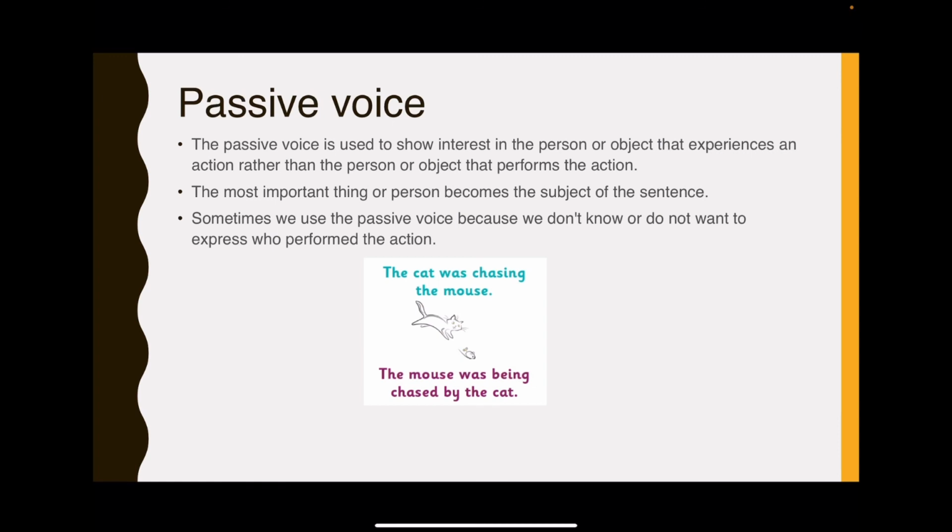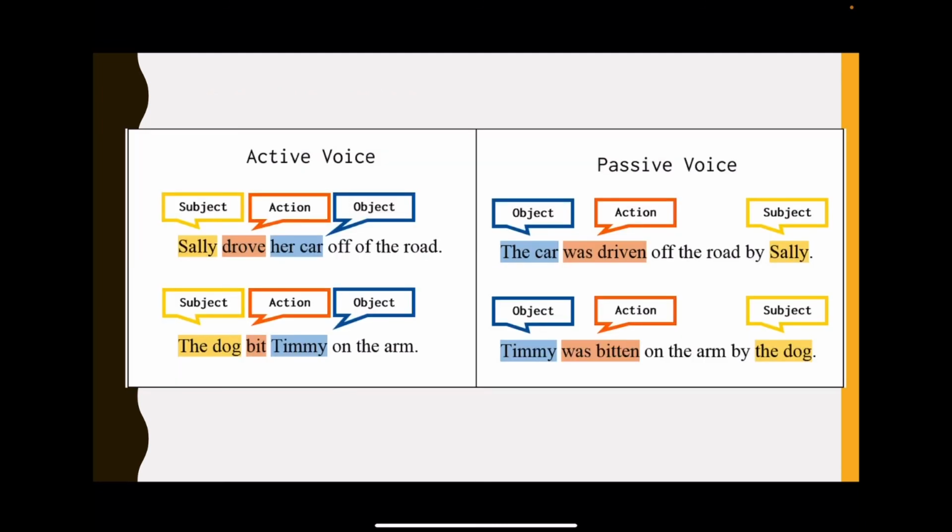And I have some more examples of the active voice and the passive voice here. Sally drove her car off the road. The subject is Sally, drove is the action, that is the verb, right? And her car is the object. So if you change to the passive voice, you need to put the car first. The car was driven off the road by Sally. So we just change the interest.